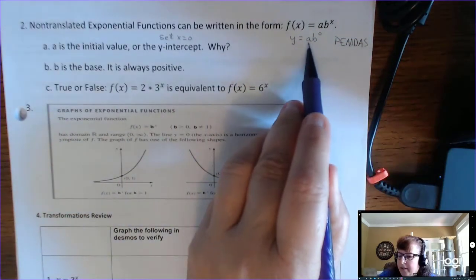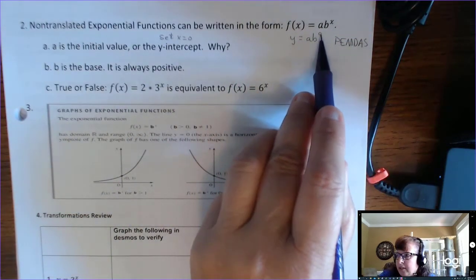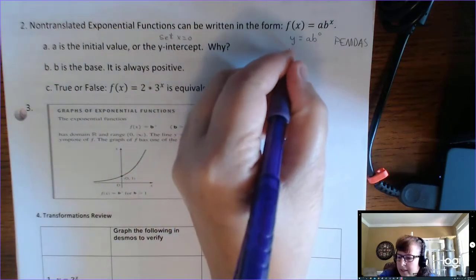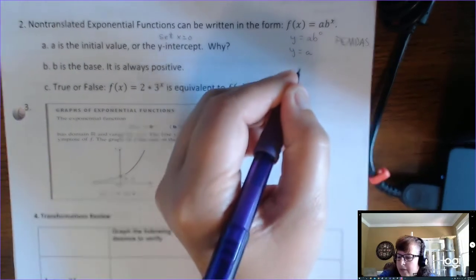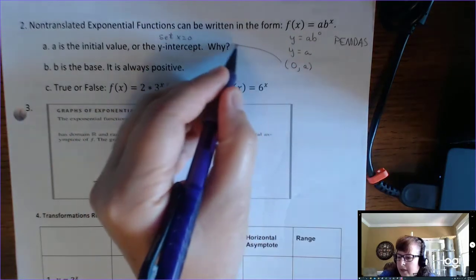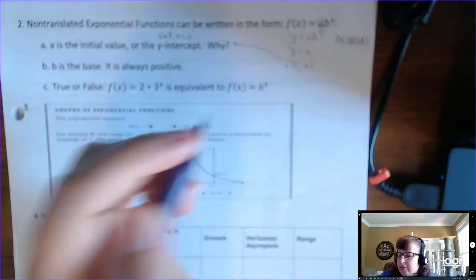You can't multiply a times b first. You have to do the exponent, and any number to the 0 power is 1. So you get y equals a. When x is 0, y is a. And that's why this a is the y-intercept.